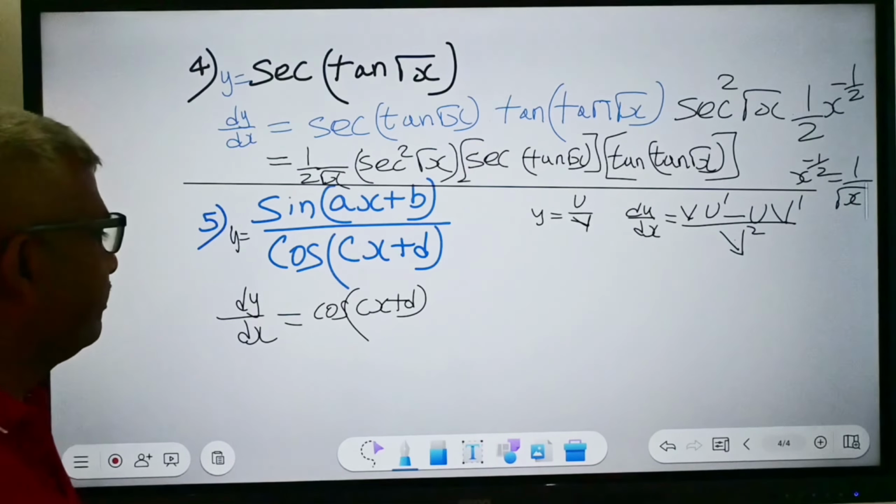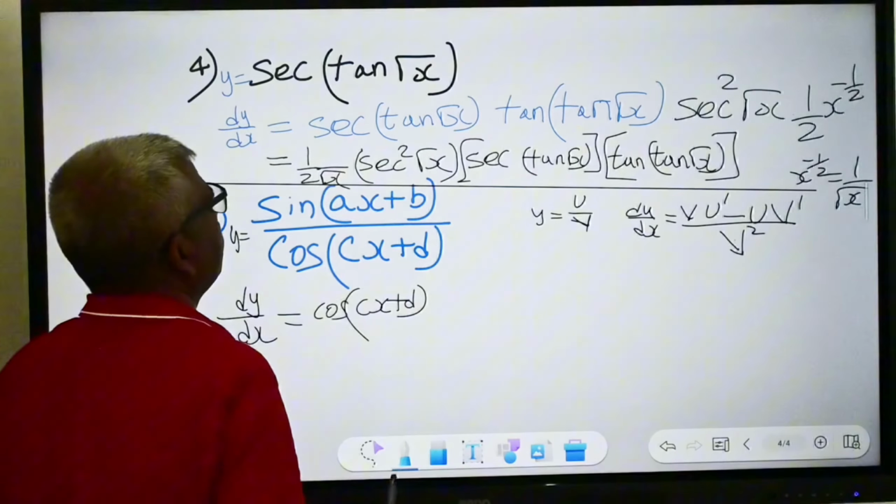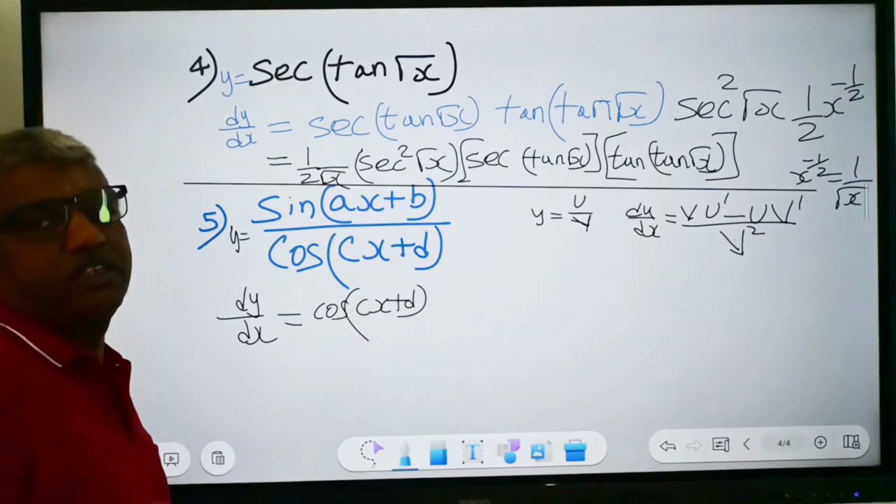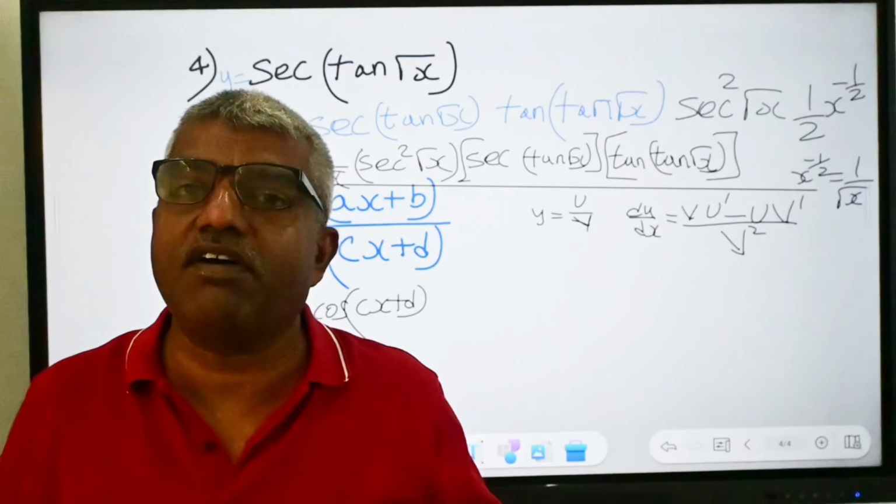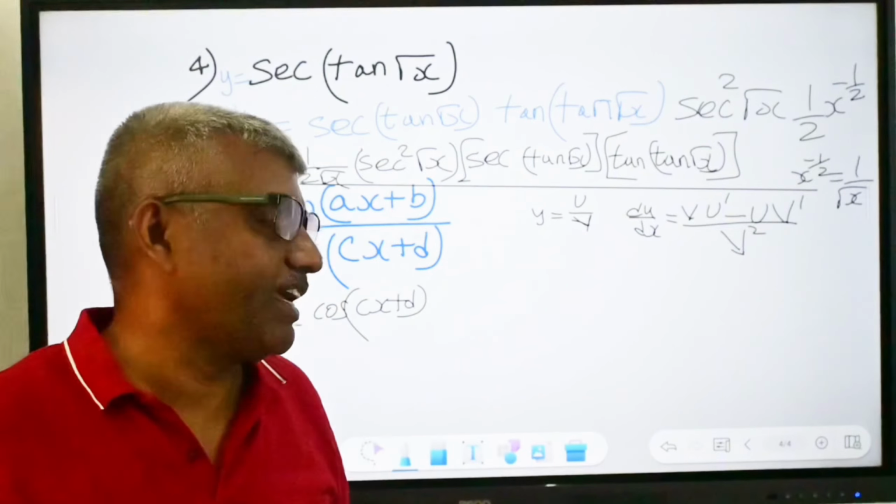What is u? Sin(ax plus b). Differentiation of u is cos(ax plus b) times a.